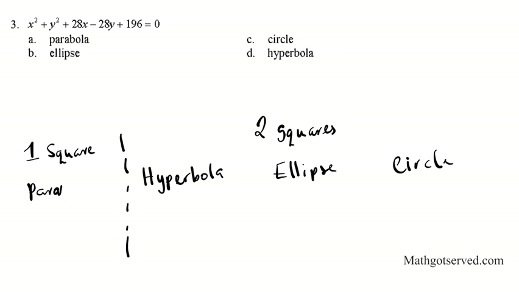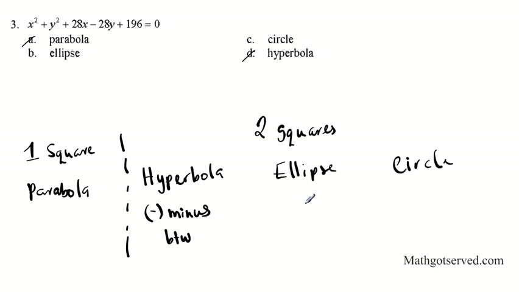In this problem we have two squares, x squared and y squared, so eliminate parabola. It cannot be a parabola. All right, so next thing you want to look at is the sign in between them. A minus between the squares is automatically a hyperbola. These two squares have a plus between them, so it cannot be a hyperbola. So the question is either an ellipse or a circle.